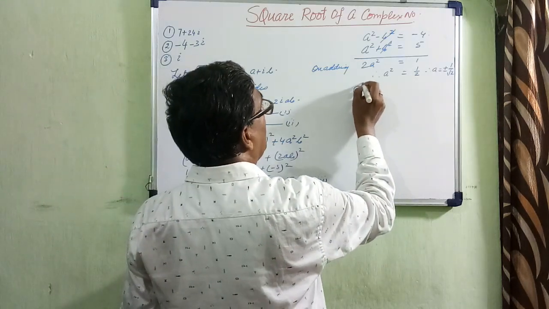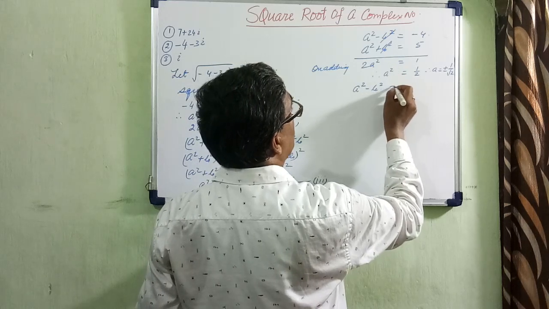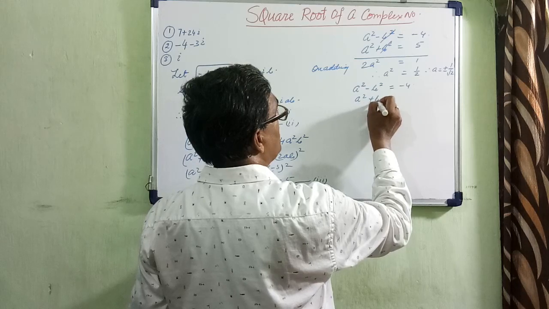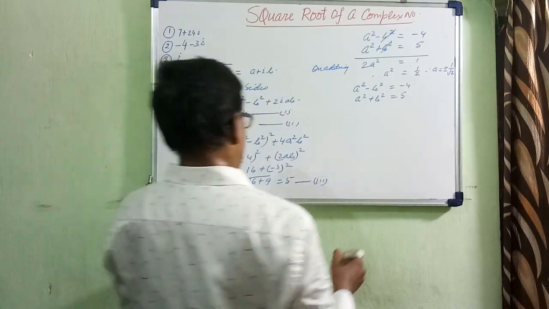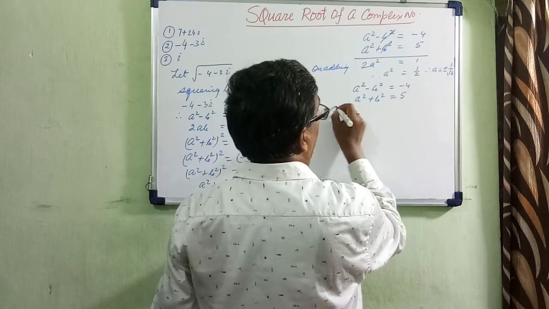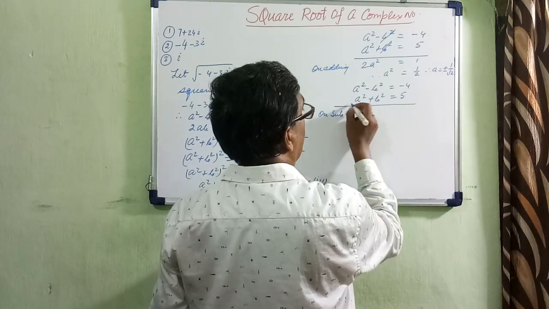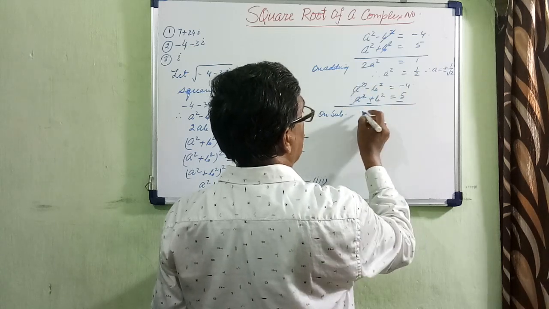Similarly, a square minus b square is equal to minus 4 and a square plus b square is equal to 5. Then on subtracting, negative, negative, negative, how much is it? This is cancelled.